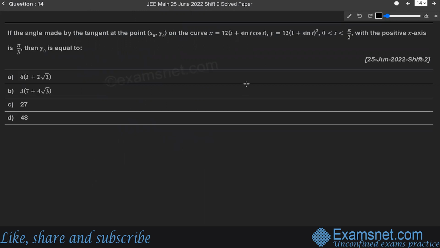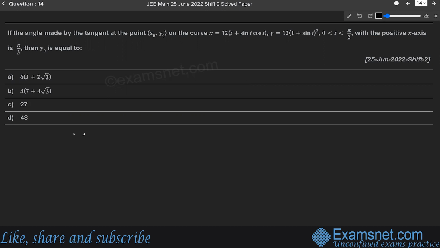Next question is, if the angle made by the tangent at the point x0, y0 on the curve x is equal to 12 into t plus sin t cos t, y is equal to 12 into 1 plus sin t square, where t lies between 0 and pi by 2, with the positive x-axis is pi by 3, then y0 is equal to.